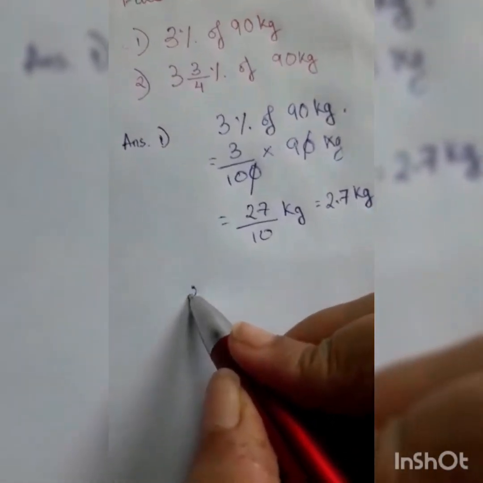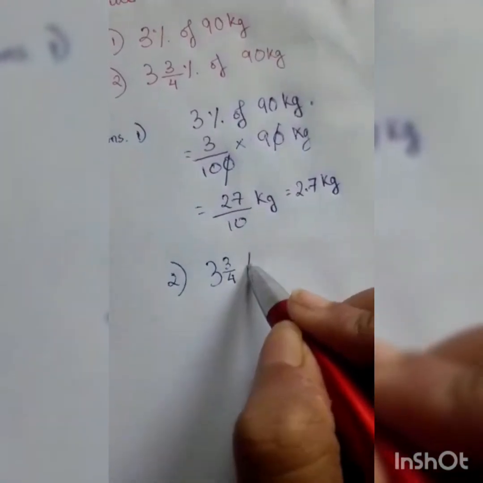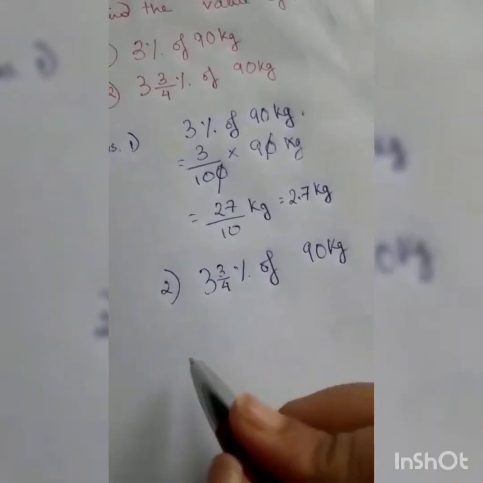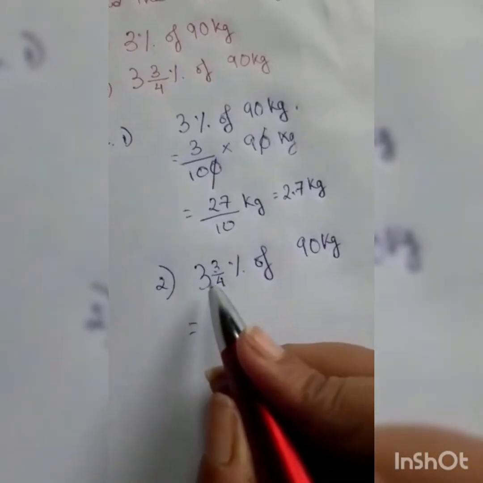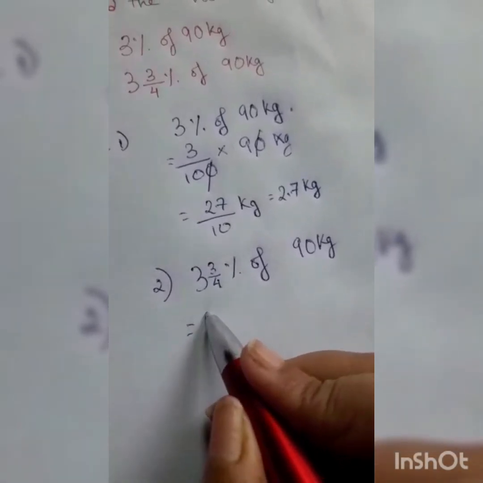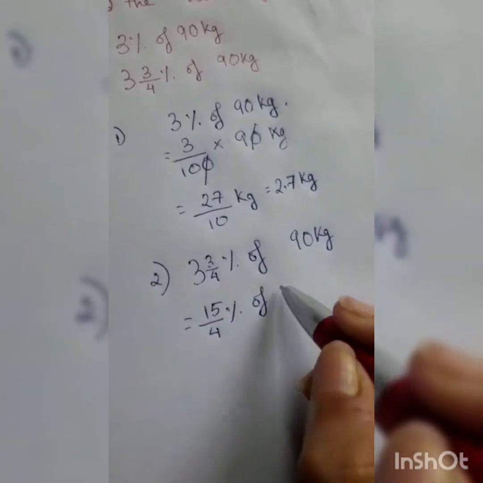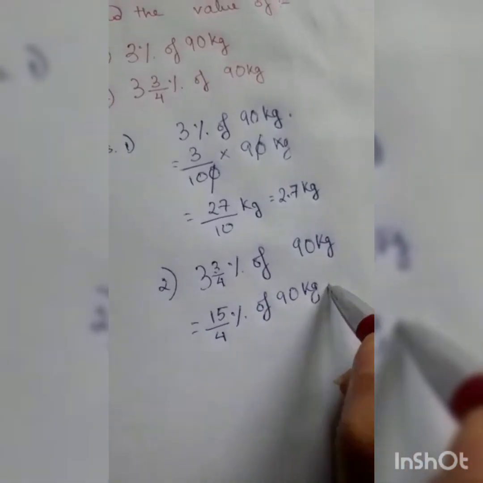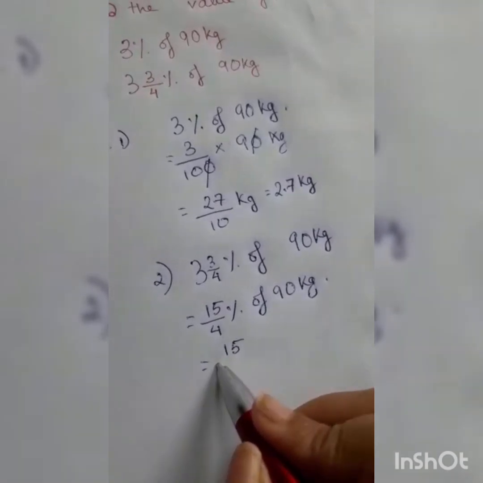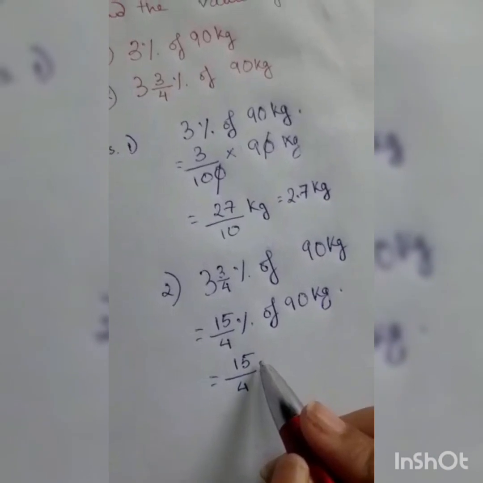Part 2. 3 whole 3 by 4% of 90 kg. If I change this to normal fraction, then I will get 15 by 4% of 90 kg. This I am getting 15 by 4. As I told you, to remove the percent sign, you have to divide by 100.